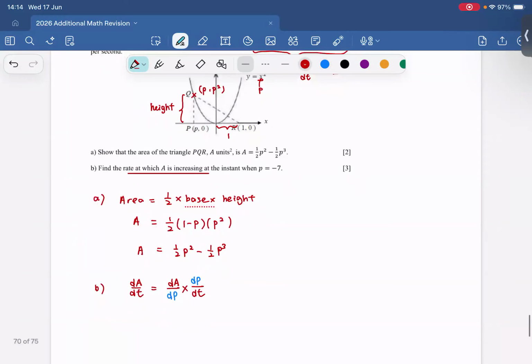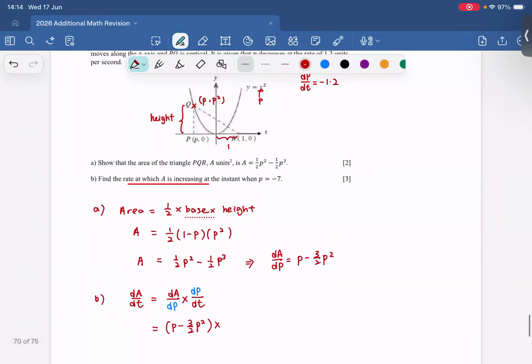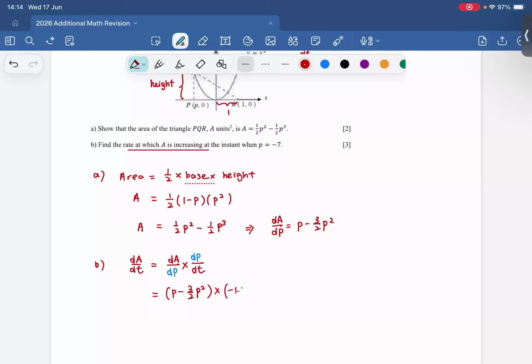Okay, so from here, I will know dA/dP is actually equal to (P minus 3 over 2) P squared. So this is my (P minus 3 over 2) P squared. And what is my dP/dt? dP/dt just now is negative 1.2. Okay, so this is my dA/dt.